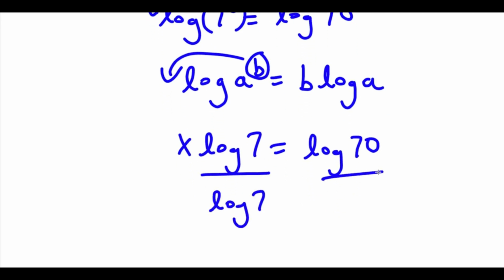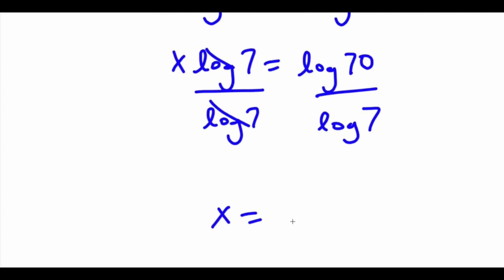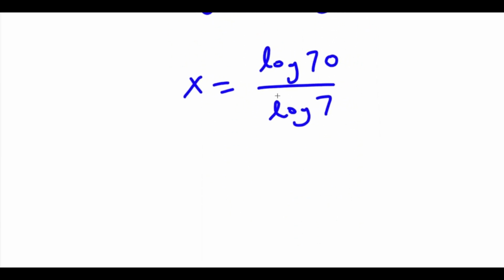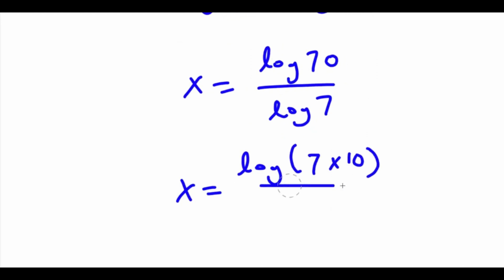Now I can divide both sides by log 7. So then these two cancel out. Now we're left with x is equal to log 70 over log 7. Now log 70, this is the same thing as log 7 times 10.